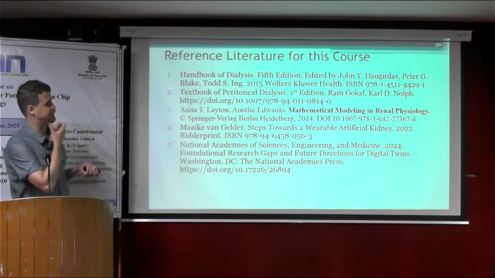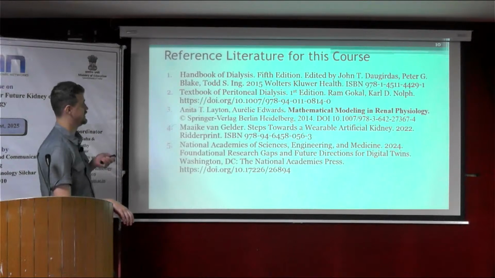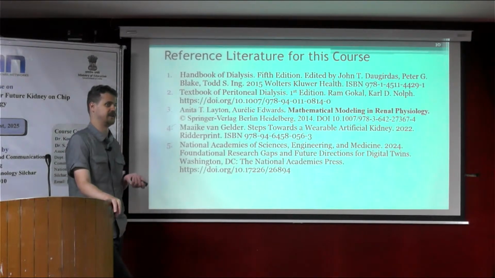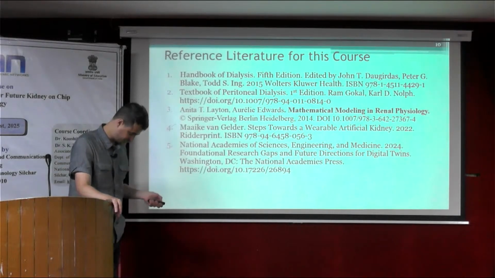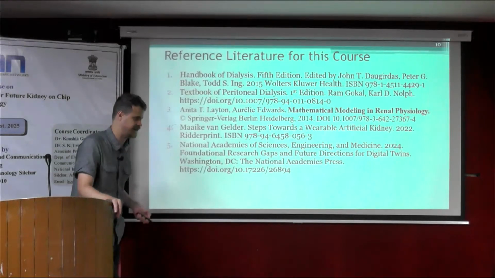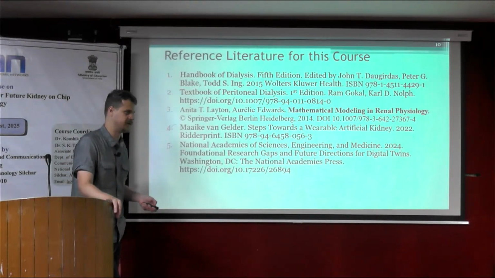What's good about those books is that Handbook of Dialysis is a book that, in simple language, explains the very foundation of dialysis technology without getting way too complicated with different equations.